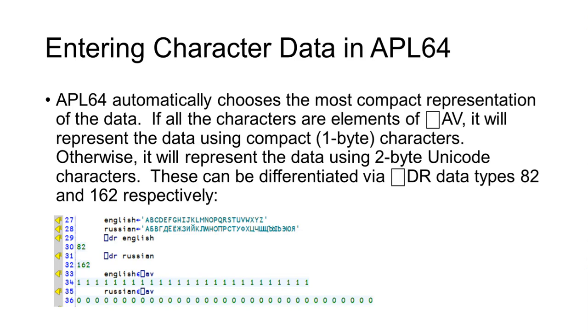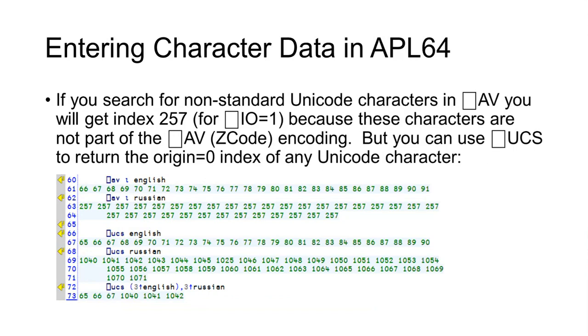I look at which characters of English are elements of quad AV, and they're all elements of quad AV. And I look at the Russian character array and ask which of those are elements, and none of them are elements of quad AV because none of the Russian characters are elements of quad AV. So therefore, we can see that, which is good.